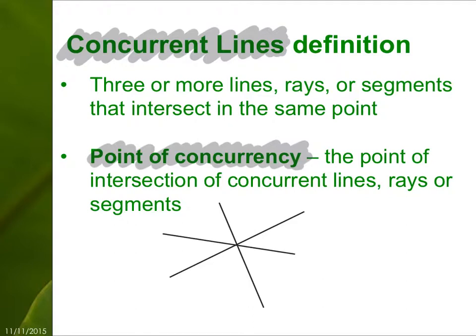So if I have three lines that intersect in the same point, these are concurrent lines. And this point, let's say this is just point A, is the point of concurrency.